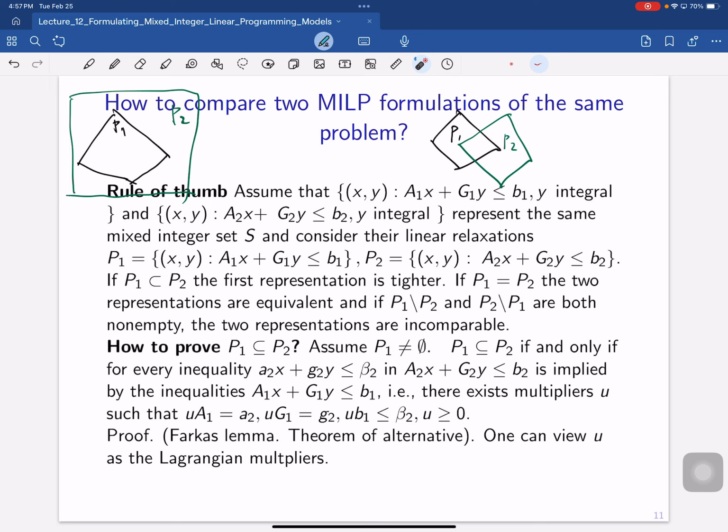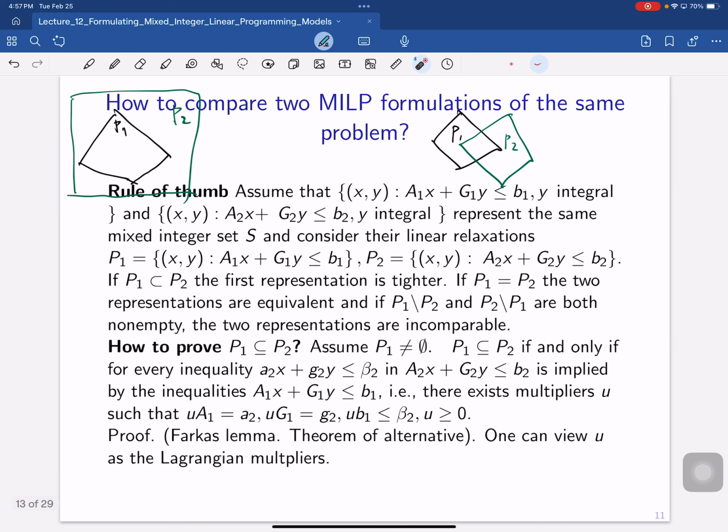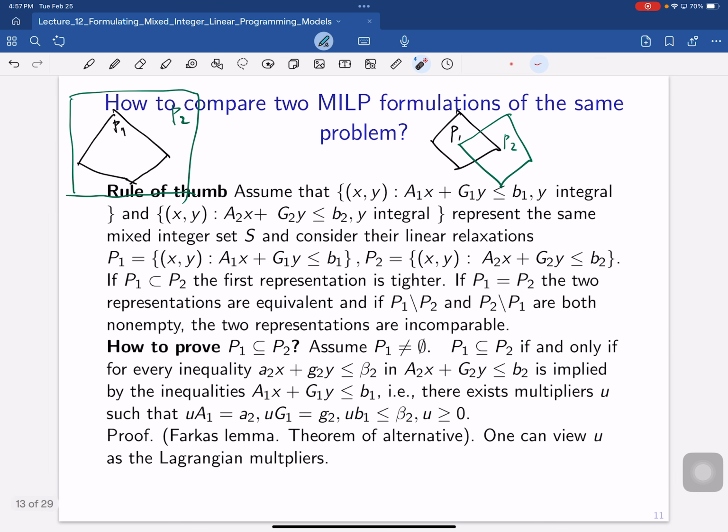Suppose we want to prove P1 is contained in P2. Mathematically, how do you describe one set being contained in another set?